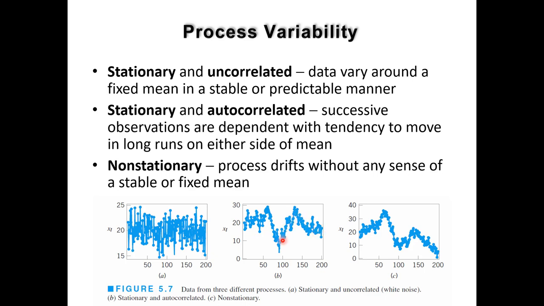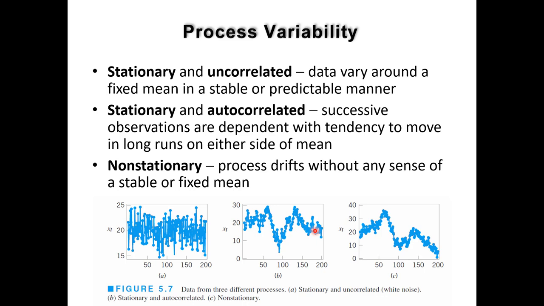If you have done applied econometrics, you have gone through the topic of autocorrelation. How do you actually identify the presence of autocorrelation? We're also going to look at one particular type of control chart which deals with this problem.